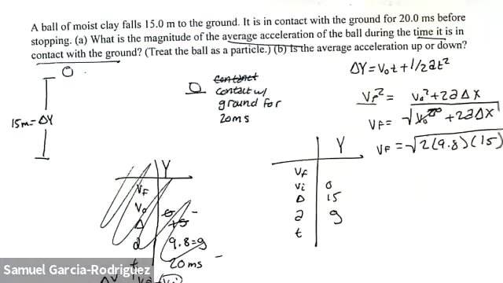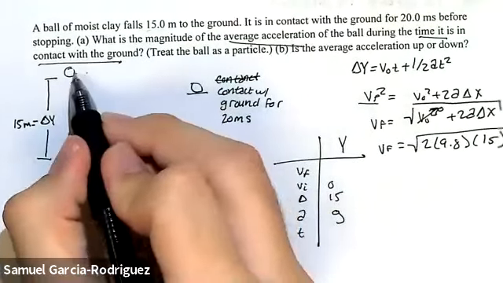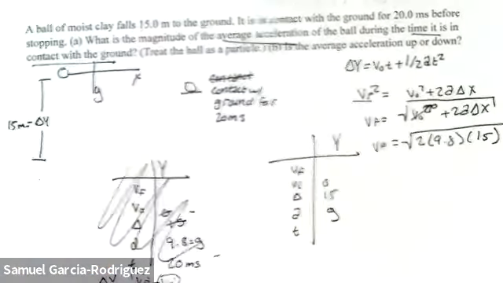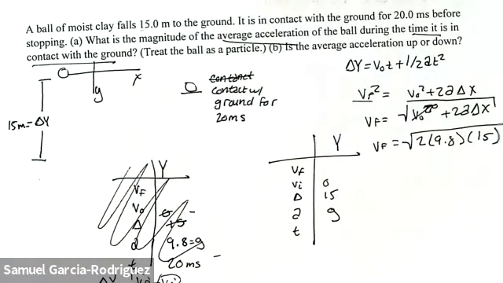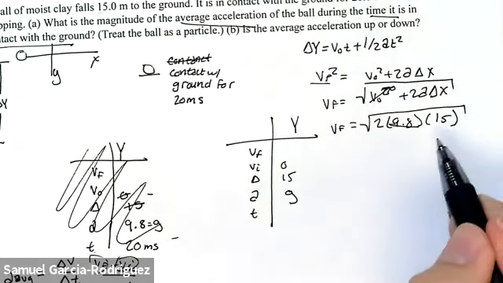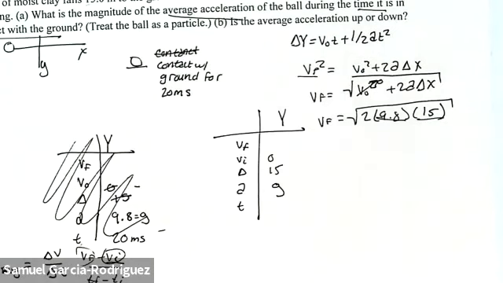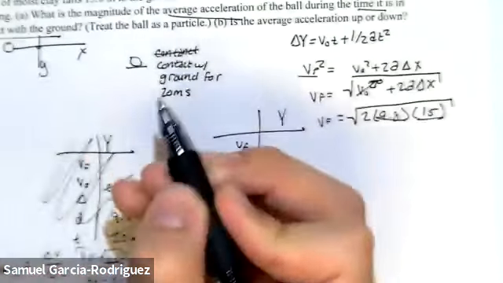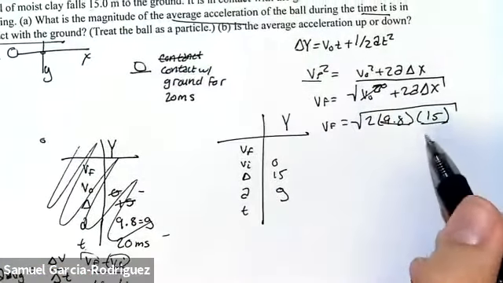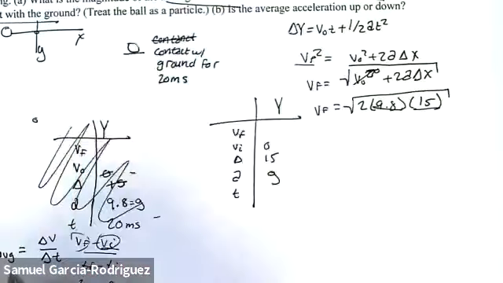Whenever I'm falling from the top down, I set up my axis with y being down, and x doesn't really matter because we're not moving in x. Now this is going to be positive and this is going to be positive, because I'm starting at y equals 0 and ending at y equals 15. So final minus initial, 15 minus 0, it's going to be that. And acceleration is going to be positive because I'm accelerating in the positive direction.